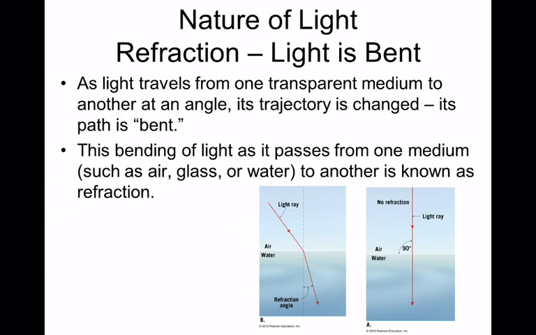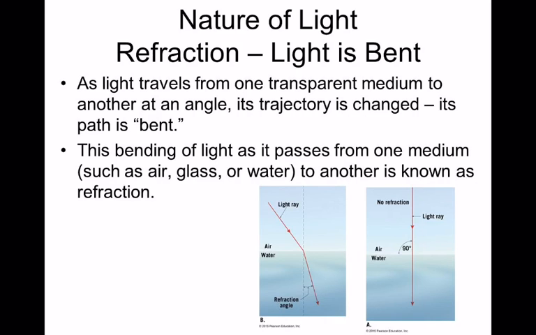Okay, so that was reflection. There's two R's. Refraction is bending of light. And the reason light is bent is because refraction occurs as light travels from one medium to another.